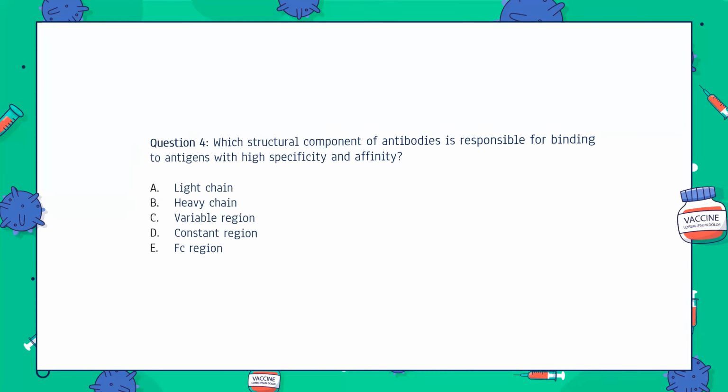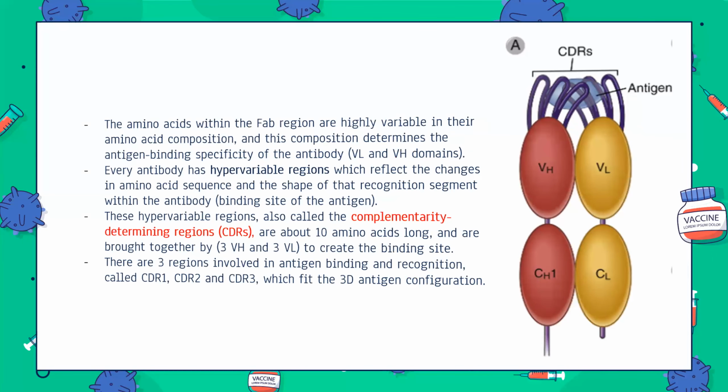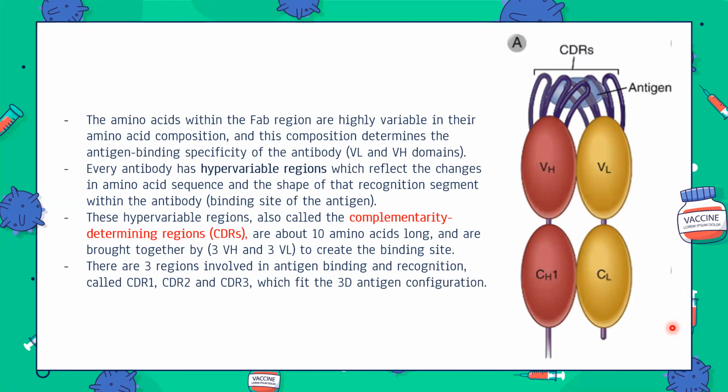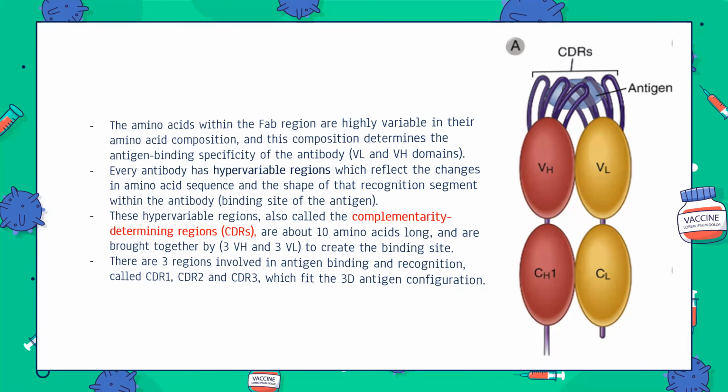Perfect, you guys. Absolutely wonderful job. Our FAB region is also our variable region within our antibodies, and it's where we have our CDRs, where we actually have the binding of the antigen, and this is where we have all of this hypervariability. Next step.